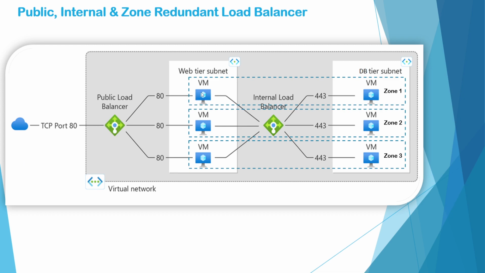It redirected me first to web VM 01, and then the second time it redirected me to web 02. And if the web is getting something from the database, in the web you have to define the database IP as the internal load balancer IP. Then your traffic will hit the load balancer, and then the load balancer will distribute the traffic across the virtual machines.